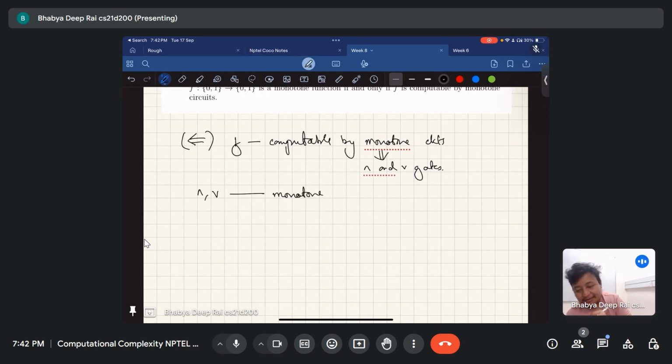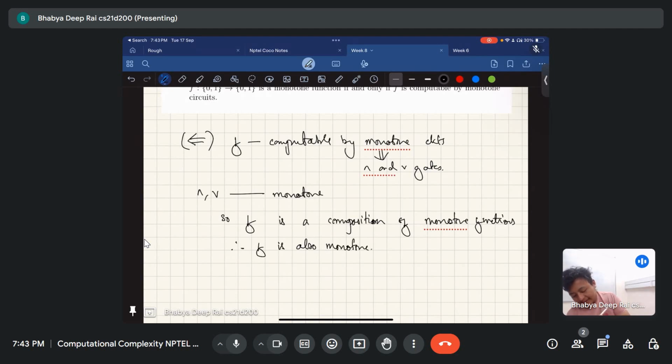We said that earlier. So F is a composition of monotone functions. The actual proof can be more inductive, but otherwise F is just several compositions of monotone functions, and therefore F is also monotone.